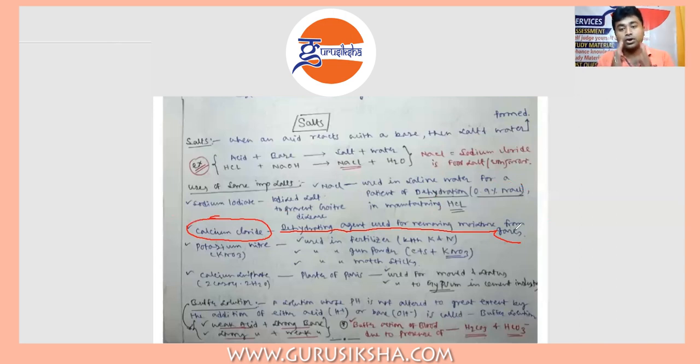A dehydrating agent is used for removing moisture from the gases. So if the moisture portion has been removed from our body, then definitely the body is going to be dry. To make the body dry, the calcium chloride salt has to be used.